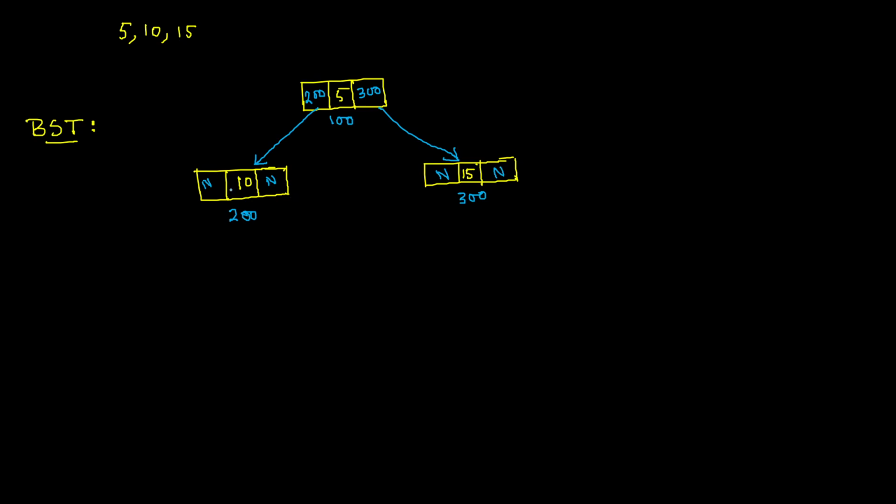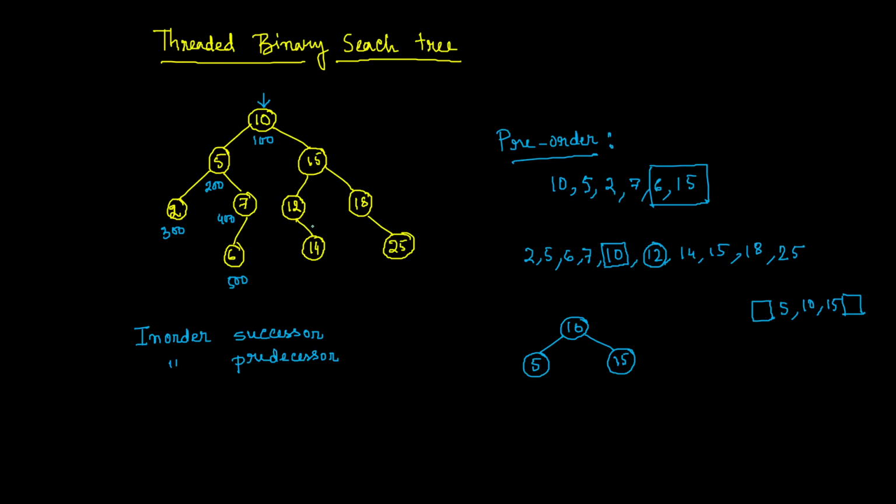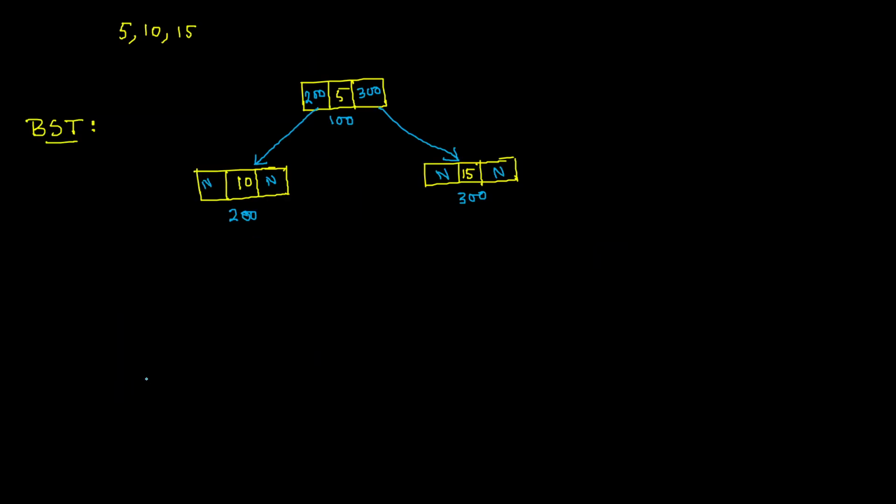Now these nulls can be utilized for the in-order successor and predecessor. Not only null, other cases also. We will see very soon. If we take the in-order traversal for this tree, it will become something like 5, 10 and 15.